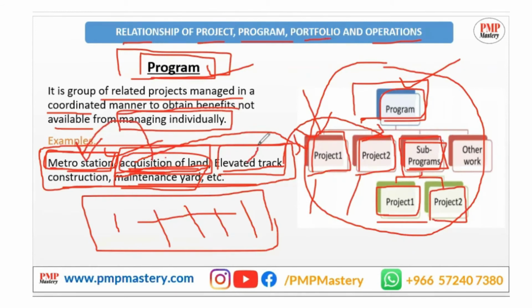We are constructing the elevated track for the metro station. We are creating the maintenance yard for the metro station. So is it not related? These are all related, and that is why we have managed them under the program.